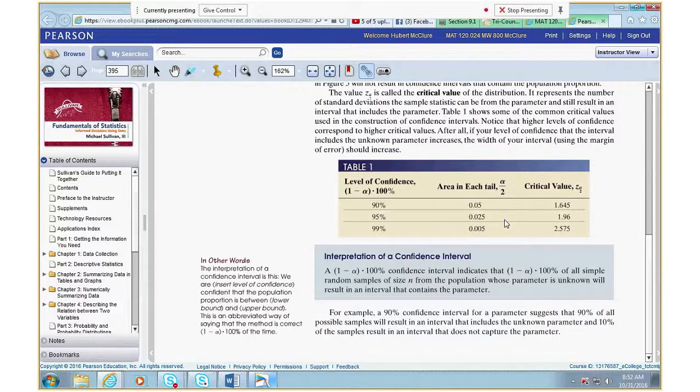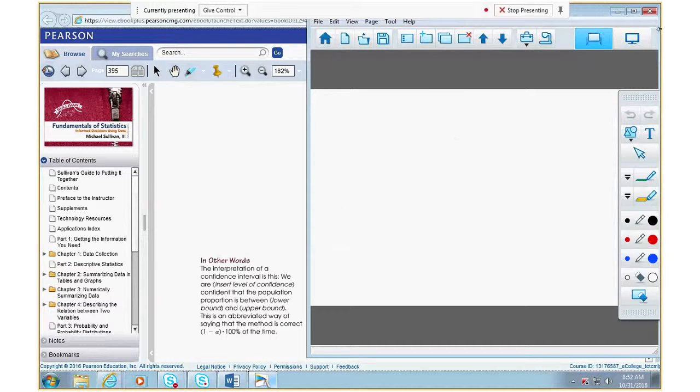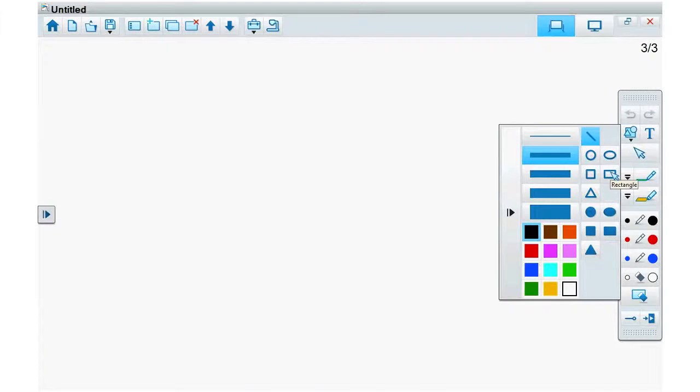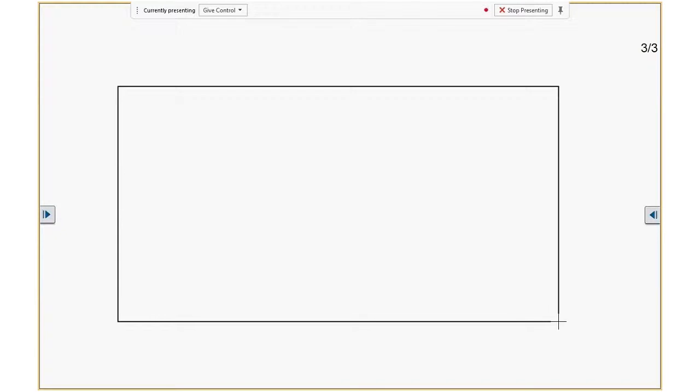Now, we're going to do this, but we're going to do it a little bit different. Take a part of your notebook paper and make it about the size of an index card, because that's what you really need to make it. Let's say this is your index card.